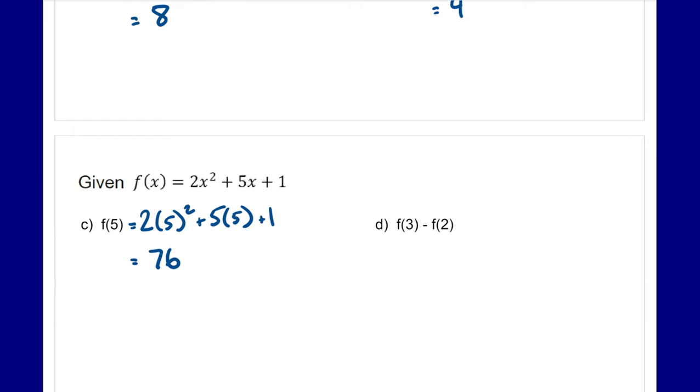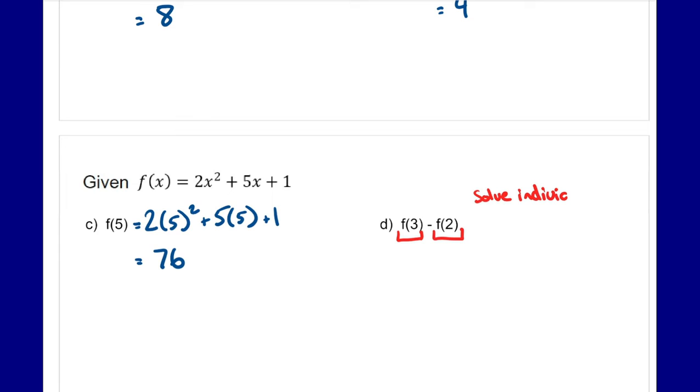For D, what we have to do now, because it's f at 3 minus f at 2, we want to solve each one individually first, and then subtract.